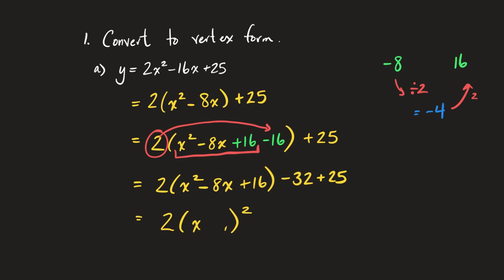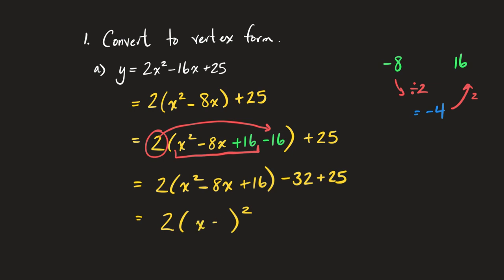Remember, I actually calculated this before. Can you see my two blue -4s? I already figured it out up here on the right. So I didn't really have to put a whole lot of thought into putting in that -4.